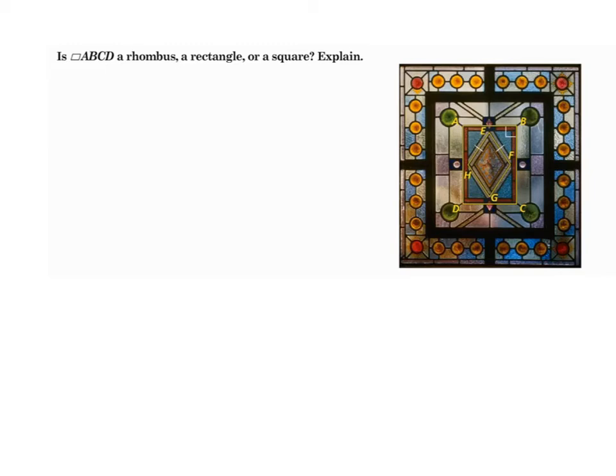So in this one right here, what conclusion can you draw regarding the angles of parallelogram ABCD? In this case, they tell us that angle B is 90 degrees, and basically we know that all the angles are congruent and that they measure 90 degrees.